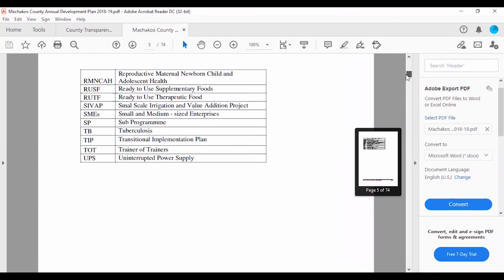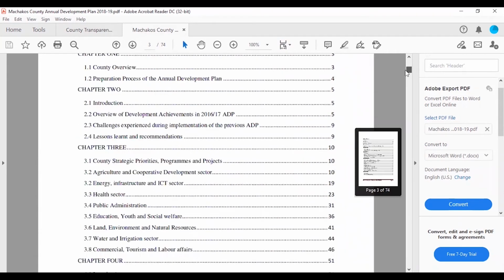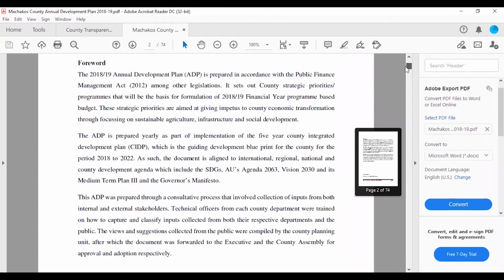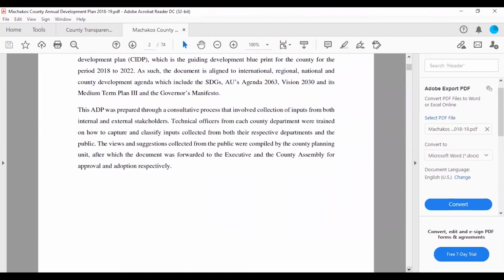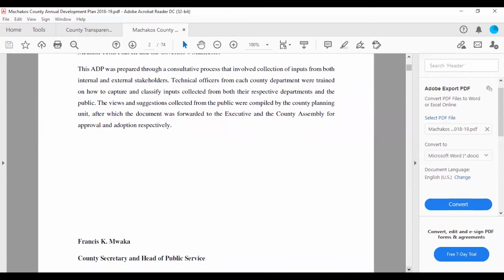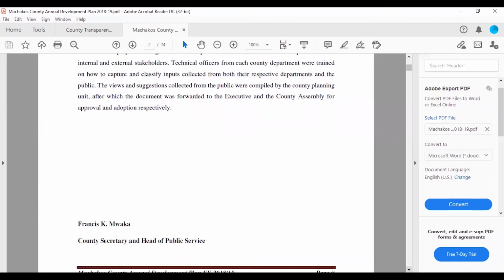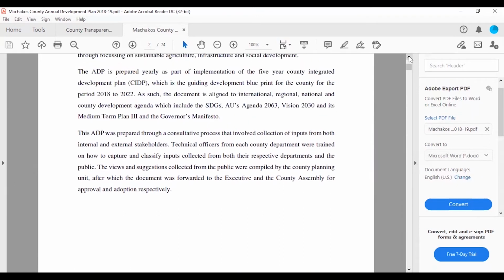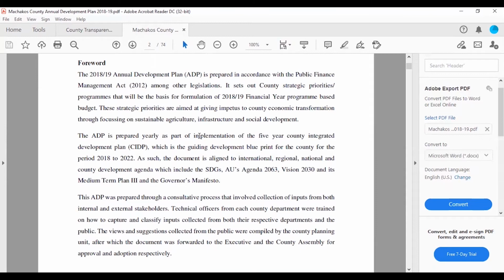So you find that it is mentioned here in the forward section by Francis Mwaka, County Secretary and Head of Public Service. So that is where they have stated that this ADP is in accordance to the CIDP. Okay, so you can see the linkages. And that linkage is essential.